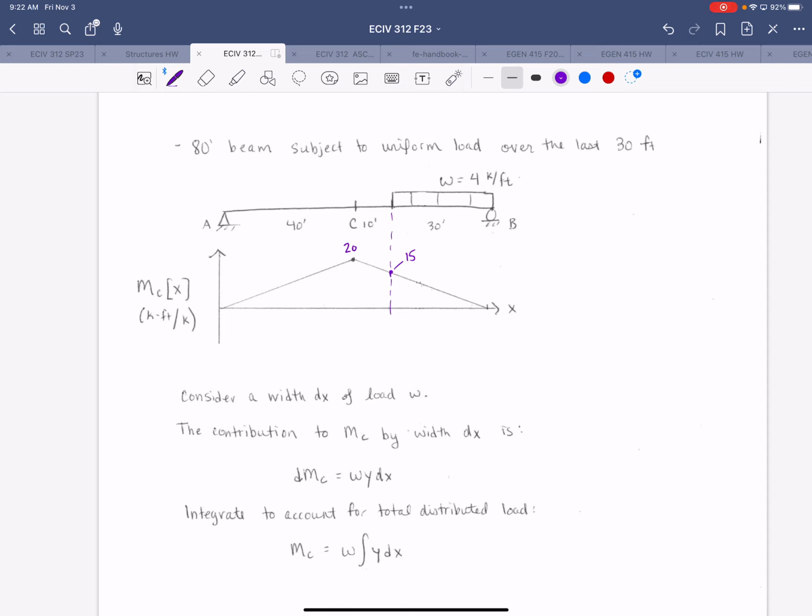Okay, so say that is 30 feet. So let's first consider just a finite length of the distributed load. We'll call that dx.